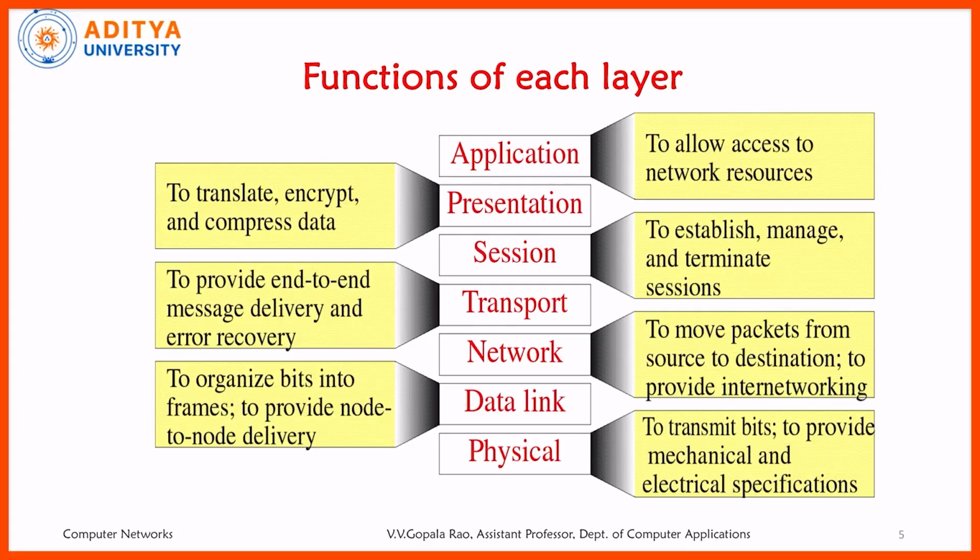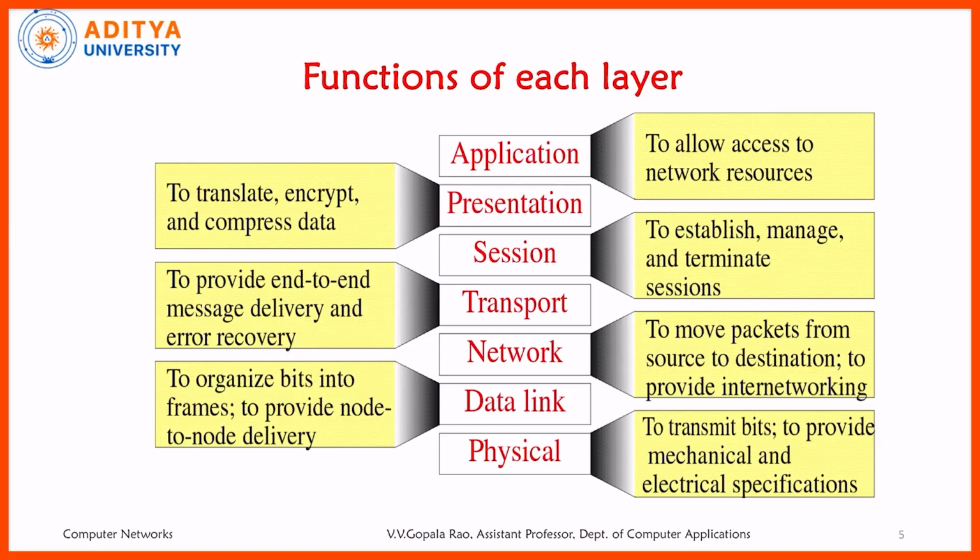Just now I told you that in the network layer you find the message in terms of packets, whereas once it comes to the data link layer, with some boundaries, it gives the information in terms of bits. So the bits can be transmitted in the next layer, called the physical layer.